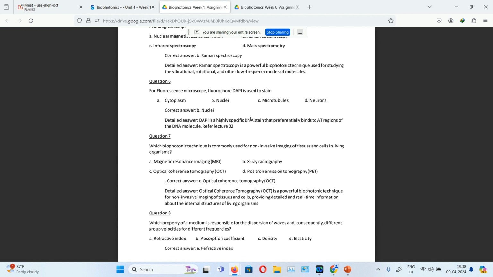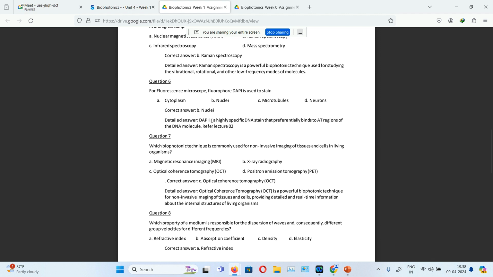When your sample has particular fluorescent properties, either its own or labeled with some fluorescing agent, we excite it with a particular wavelength, which excites the fluorophore, and it will emit fluorescent light. We use a filter in such a way that the excitation light will not pass, only the emitted light will. So you will get a better contrast.